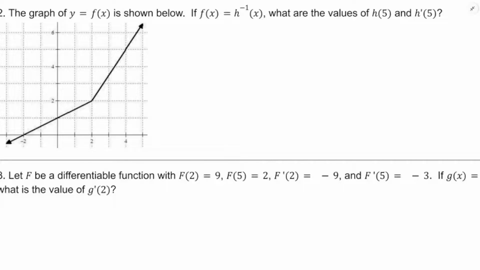So, what are the values of h of 5 and h prime of 5? And f is h inverse. Oh, okay, so I find it curious I wrote it like that, but I certainly can interpret that and remind you that that does mean that h is f inverse. So h of 5 is going to equal f inverse of 5.